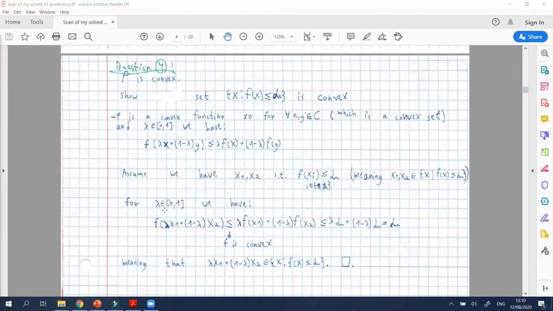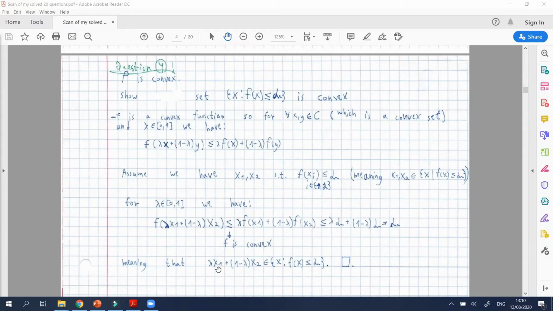So for some lambda between 0 and 1, we have that f of lambda x1 plus 1 minus lambda x2 is lower than or equal to, according to the convexity of f, lambda f of x1 plus 1 minus lambda f of x2, which is, by definition, lower than or equal to lambda alpha plus 1 minus lambda alpha, which is equal to alpha.